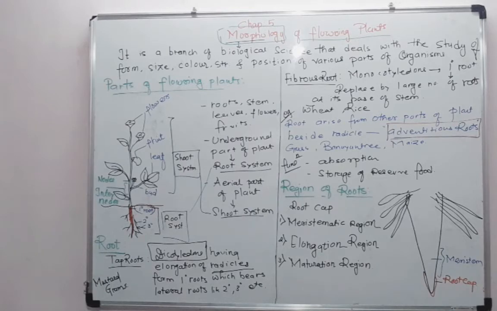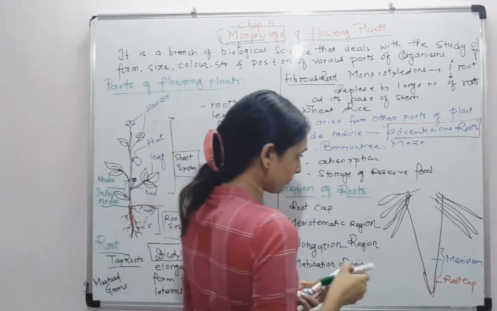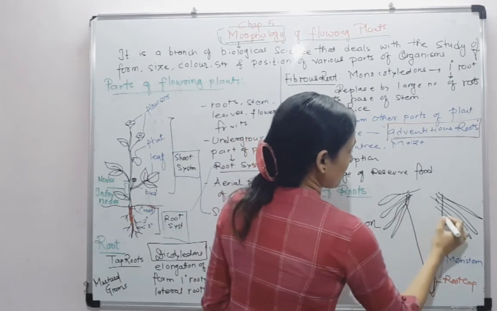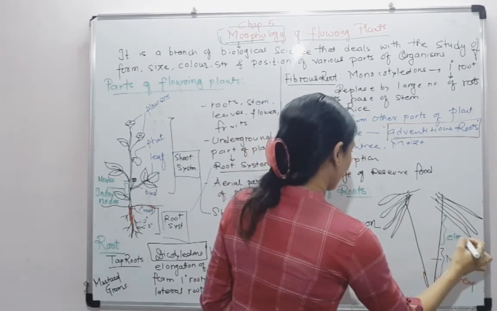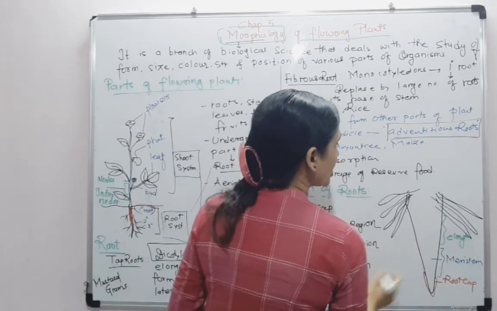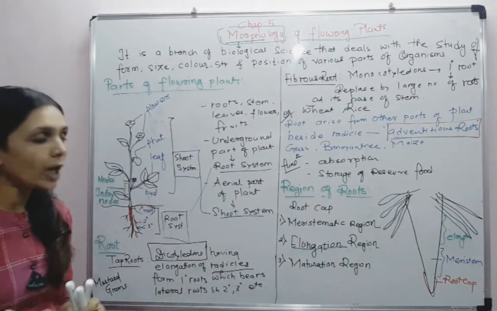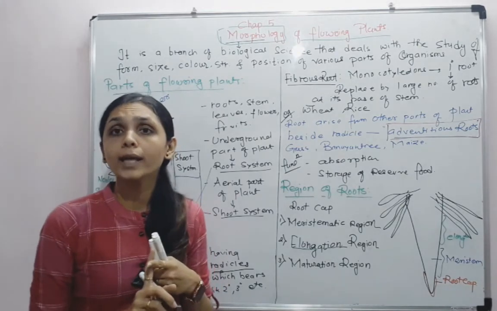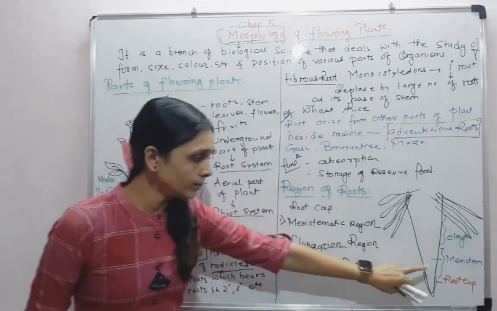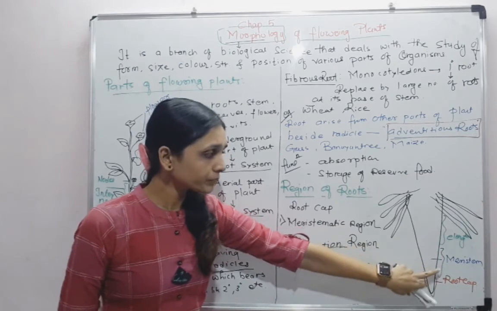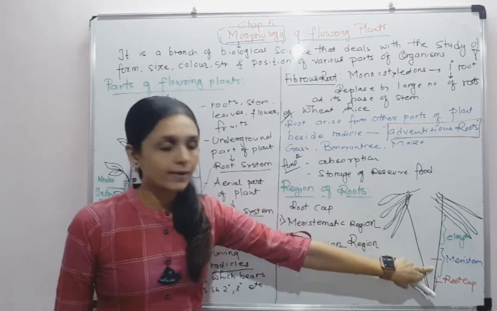Then above the region of meristematic activity, that is the region of elongation. So second part is what? Elongation region. Now the term itself, elongate, means they are not going for any division. Whatever the differentiated cells due to meristematic activity, what will happen?